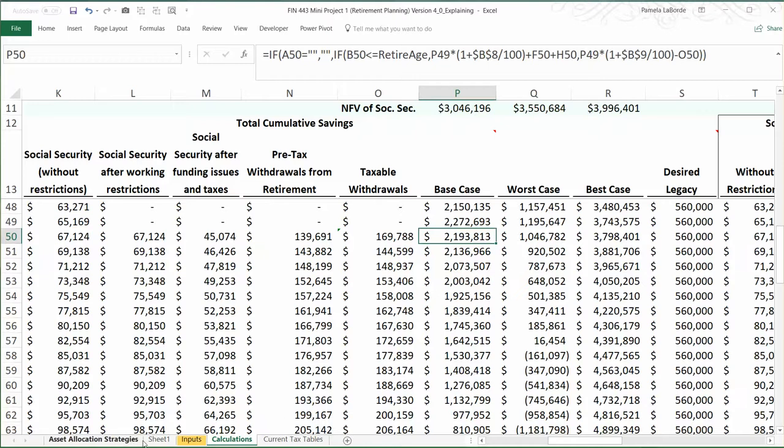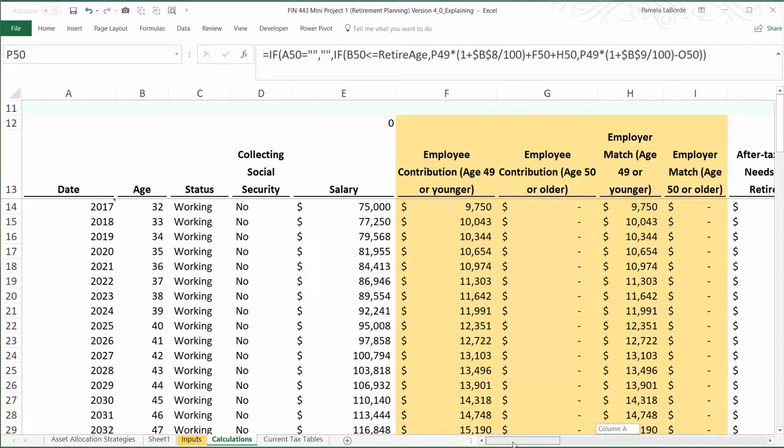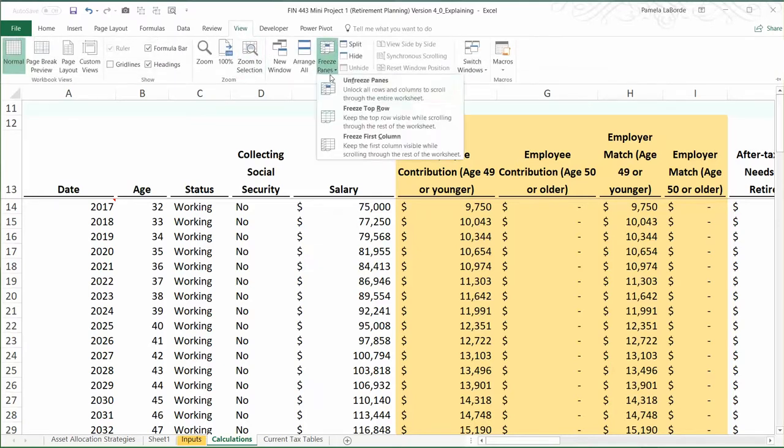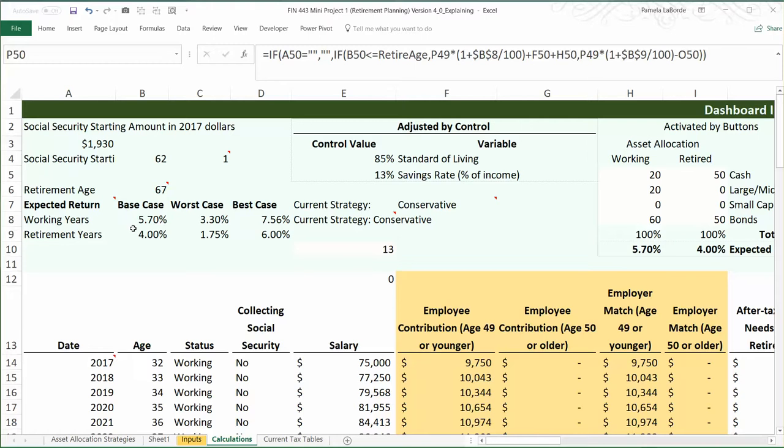So I need to have a return calculation that is up here in cell B8, I believe. Oh, I've got my frames locked. Here we go. So B8 has my expected return for my working years.